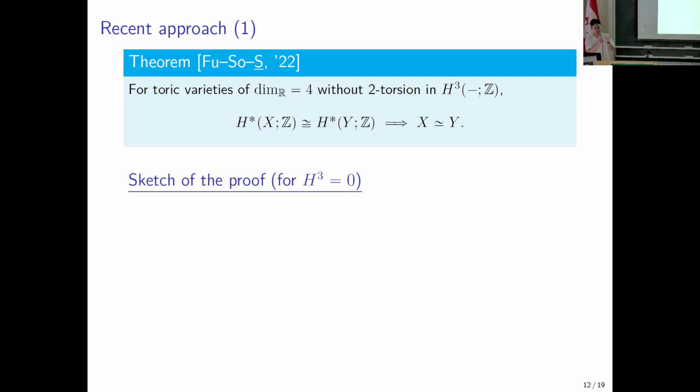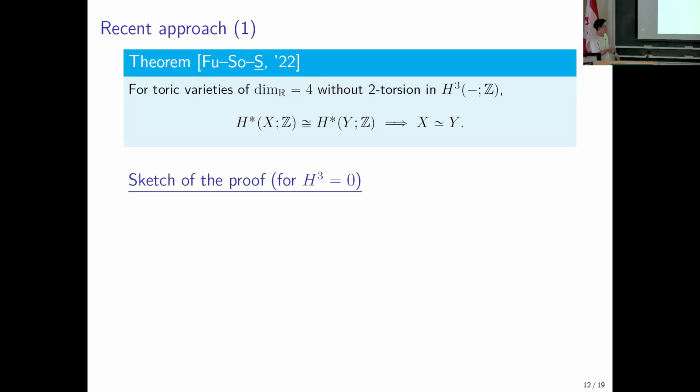So the next stage is complex dimension two. What we could prove is that for a four-dimensional toric variety, real four-dimensional I mean, if it doesn't have any two-torsion in H3, then the cohomology ring isomorphism implies the homotopy equivalence between these two varieties.